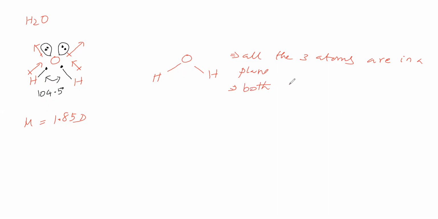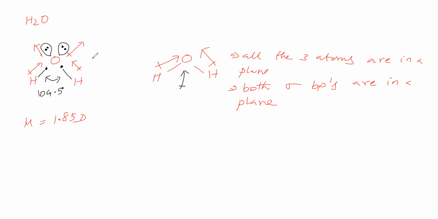Okay. Now, the dipole moment for this bond is towards oxygen, because oxygen is more electronegative than hydrogen. Here also like this. Therefore, the resultant dipole moment due to these two bonds is towards up.